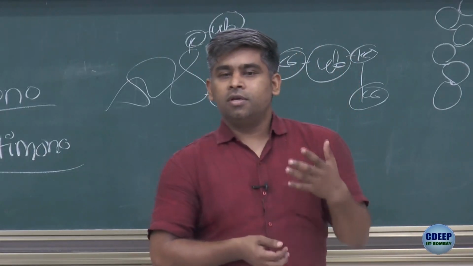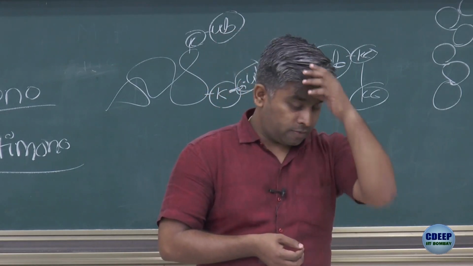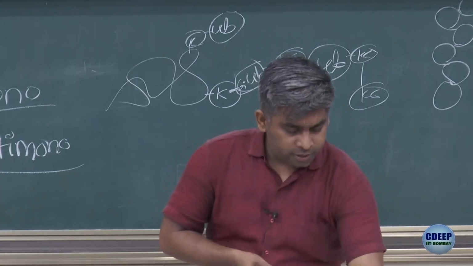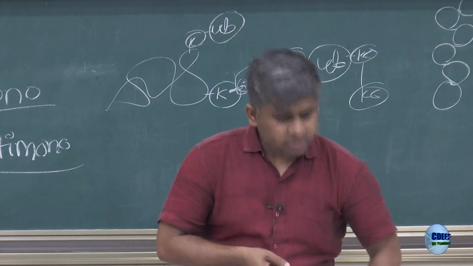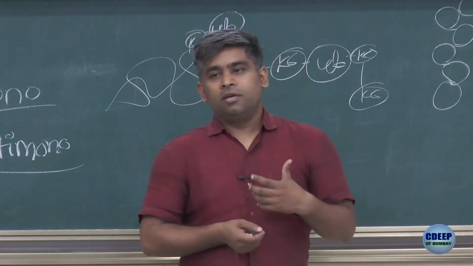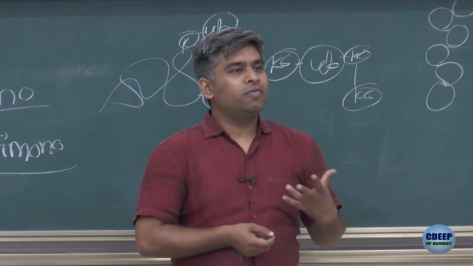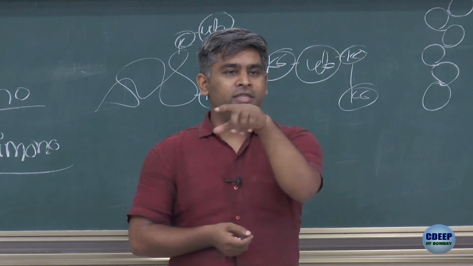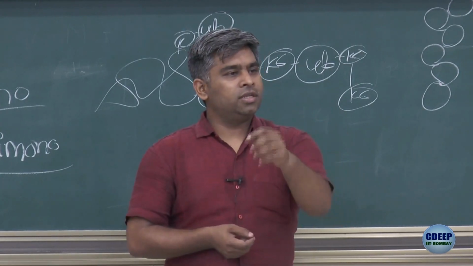The person who discovered autophagy, what is his name? I forgot. A Japanese scientist. It starts with O. Yeah. When he started working on these autophagy genes, those are called ATG genes, he used to work on yeast. He used to delete one gene and see what is happening.